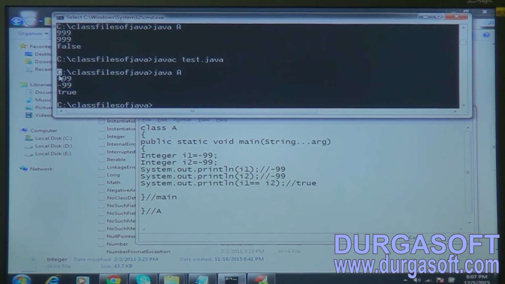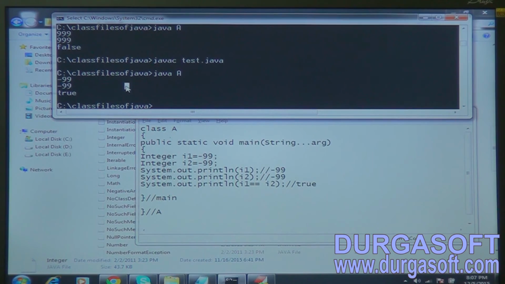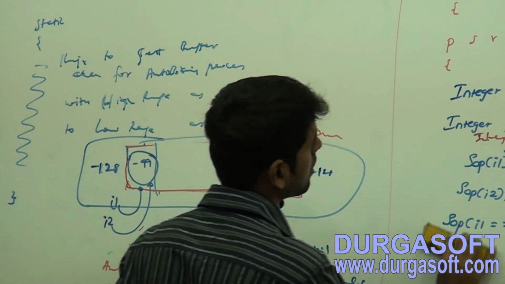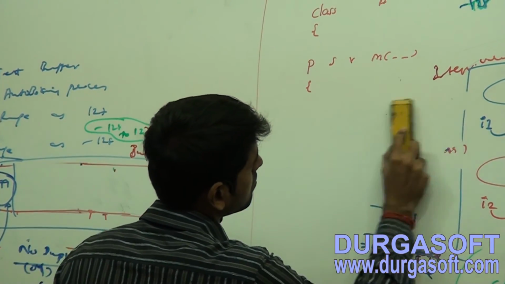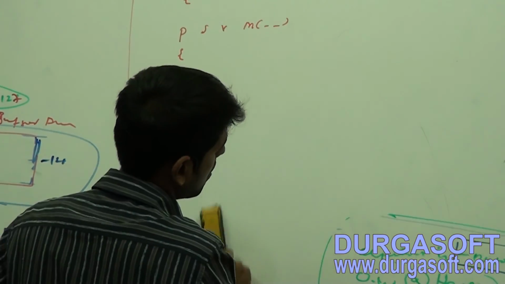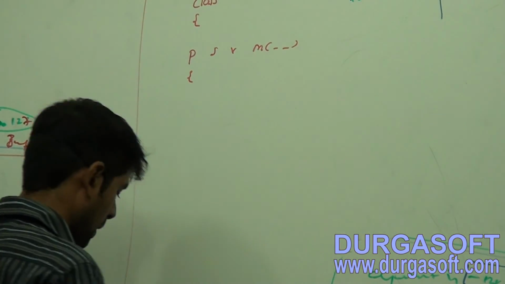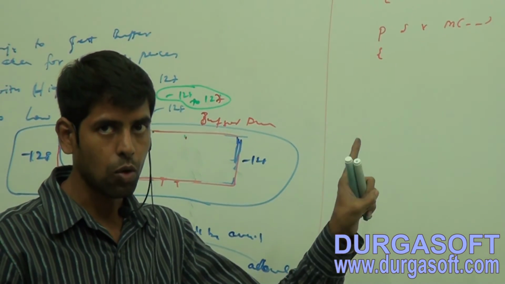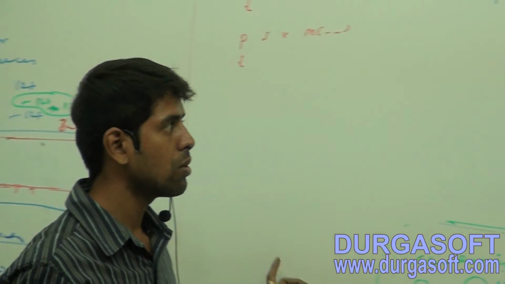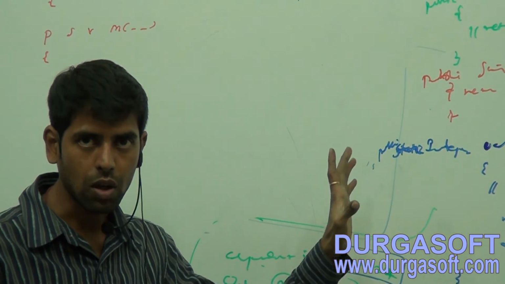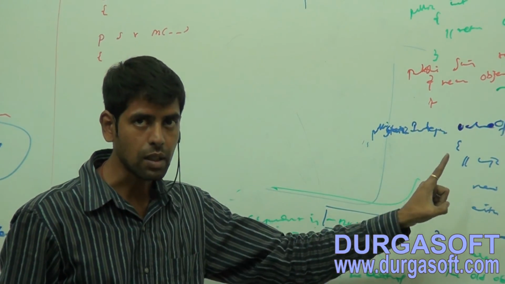One small thing, observe here. Because of the autoboxing concept, the valueOf method logic is executing.